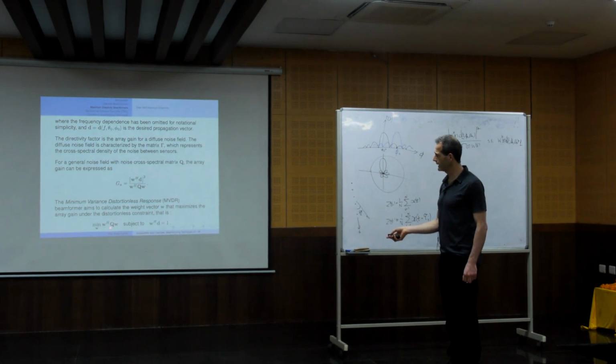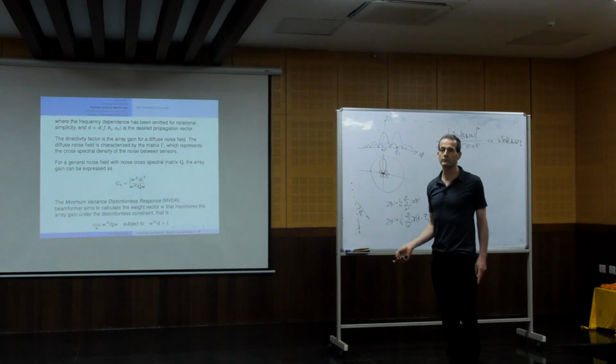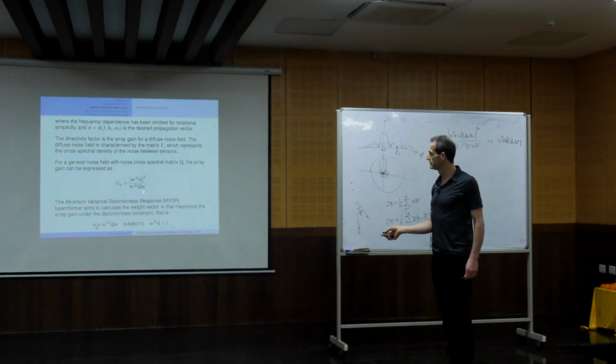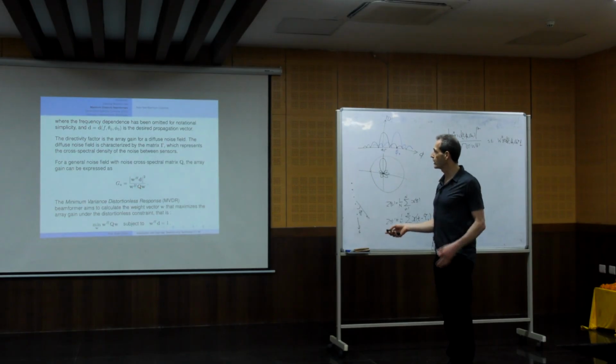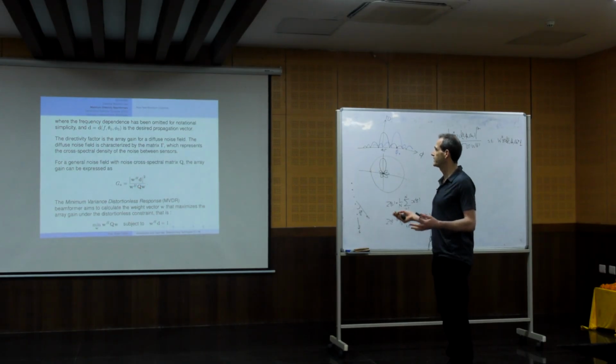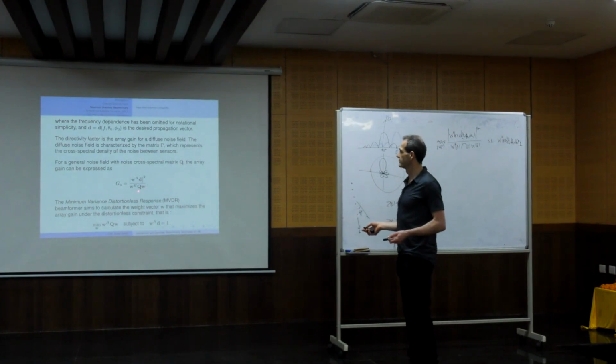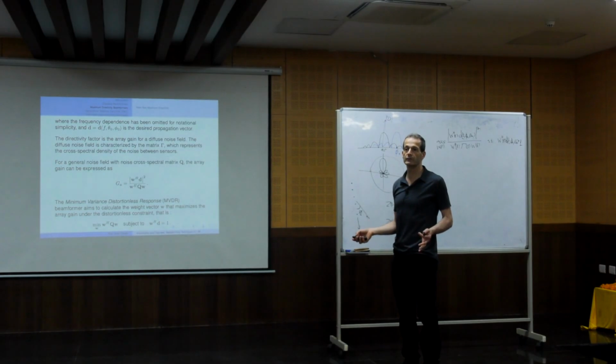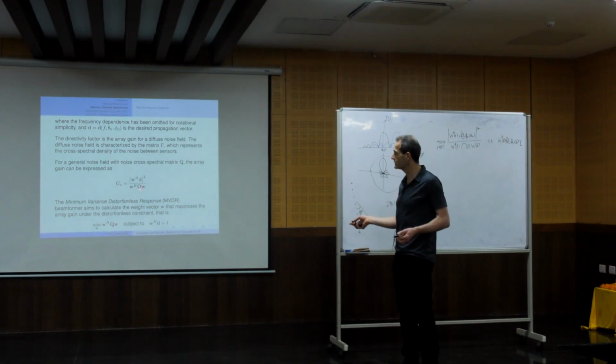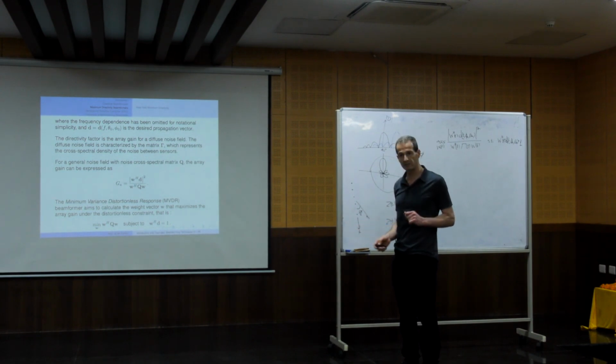And by the way, you can put here any matrix Q. If Q is the cross spectral density of the noise, it will maximize this ratio, this array gain, for any type of noise that is characterized by this cross spectral matrix Q. If I put here gamma, it will maximize the directivity.